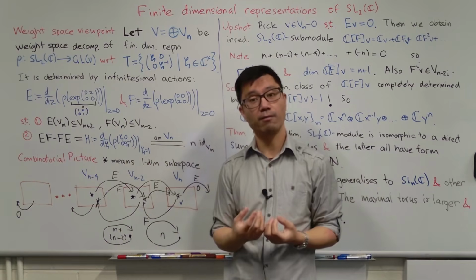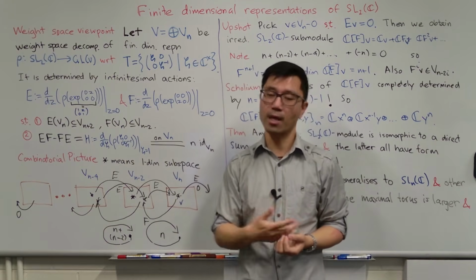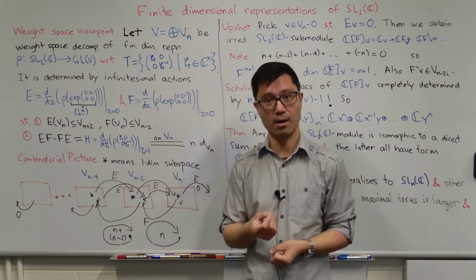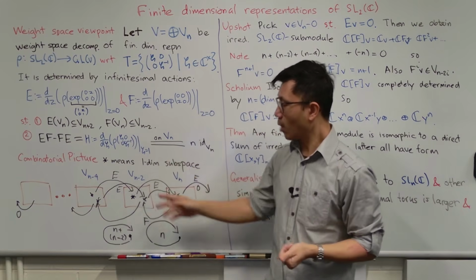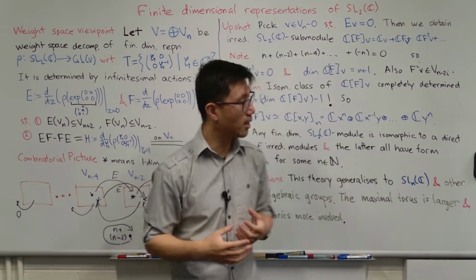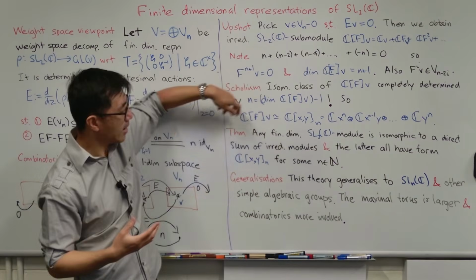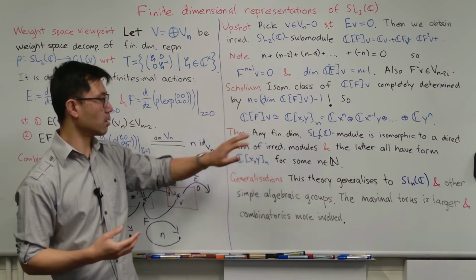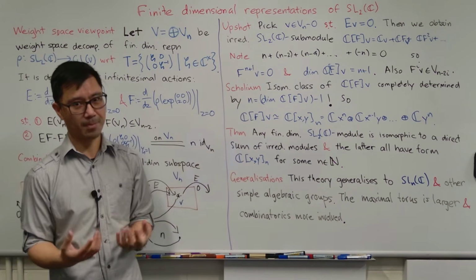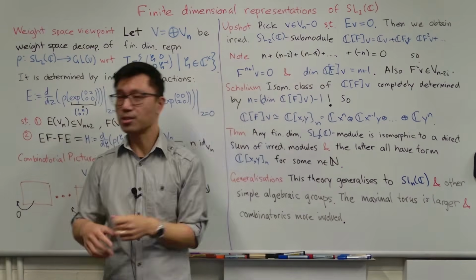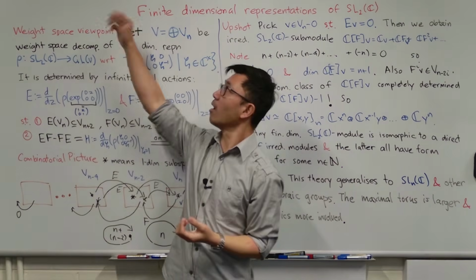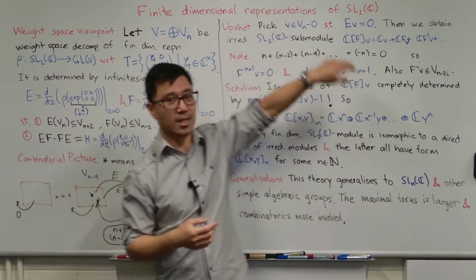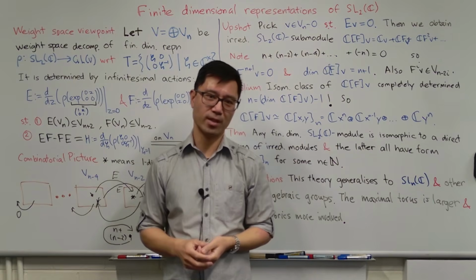But the same type of analysis goes through. The idea is the same, but the combinatorics is more complicated now. Other than that, what that will give you is a complete description. If you follow that through, you can get an analogous theorem to the one that you have here, and you can completely describe all the irreducible modules. So that's how we use torus symmetry to study finite dimensional representations of SL2C in particular. I hope you enjoyed this adventure in pure mathematics.